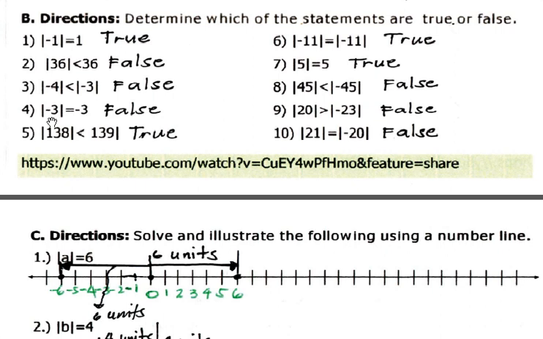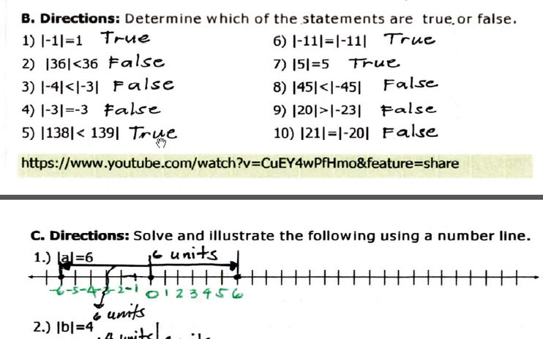Number 4, absolute value of -3 is 3, not -3. It's a false statement. Then this one, 138 is less than 139. This is a true statement.